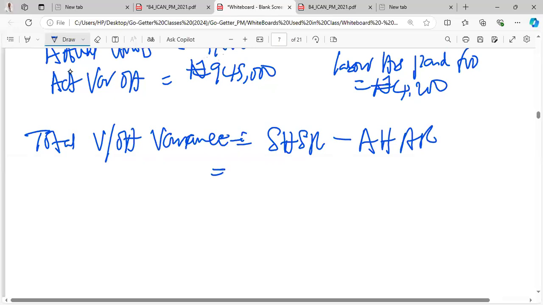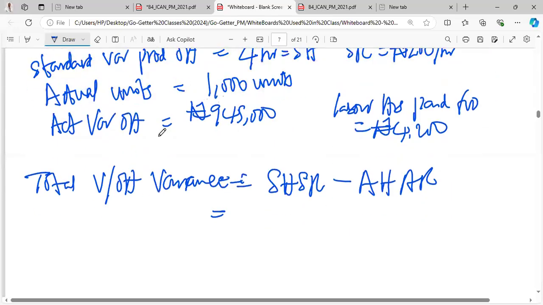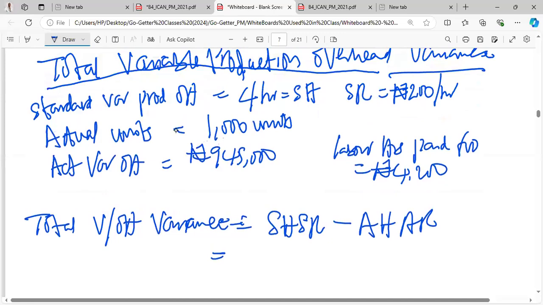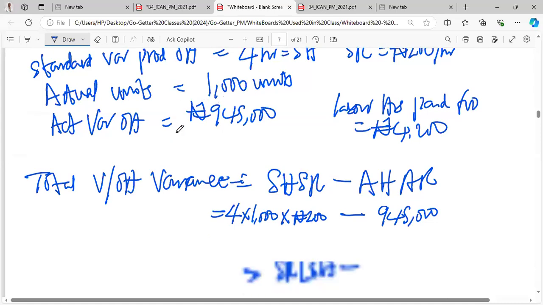Standard hours, standard rate is normally 4 hours multiplied by 1,000 units multiplied by 200 naira per hour. Then this one we have the 945 already. So what will this give us?